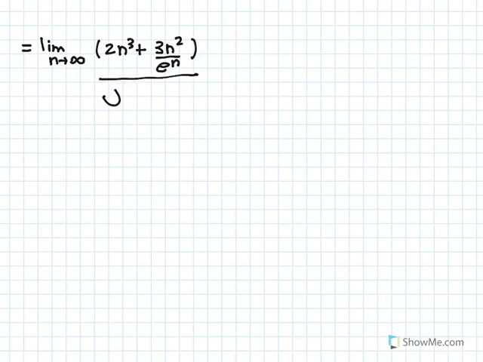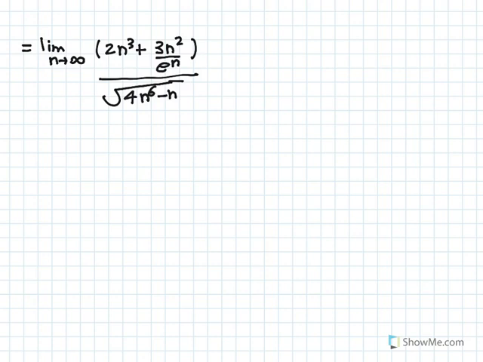So we have the limit as n approaches infinity of 2n cubed plus 3n squared times e to the minus n. Let's write it as divided by e to the power of n, all divided by the square root of 4n to the 6 minus n.